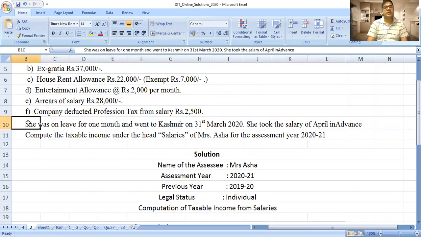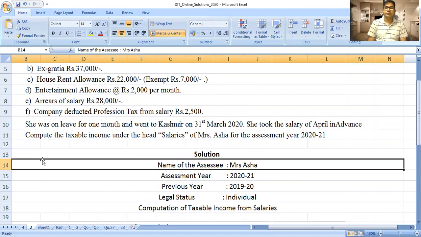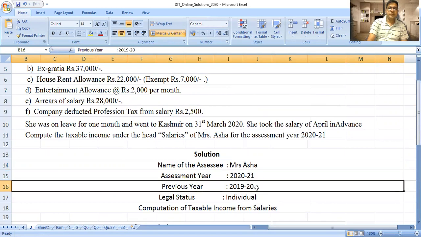Then there is one sentence: she was on leave for 1 month. Leave means she took the leave and went to Kashmir on 31st March, and she took the salary of April in advance. It means our previous year is up to 31st March 2020. Then after this previous year is over, the next previous year will start, that is 2020-21.